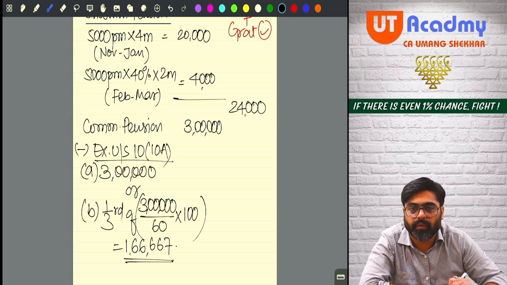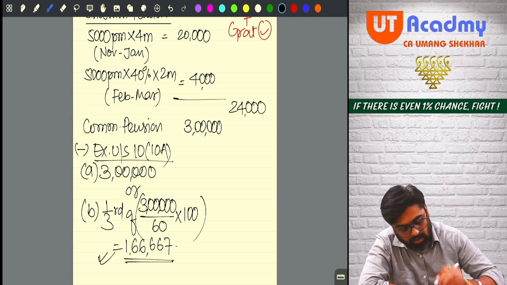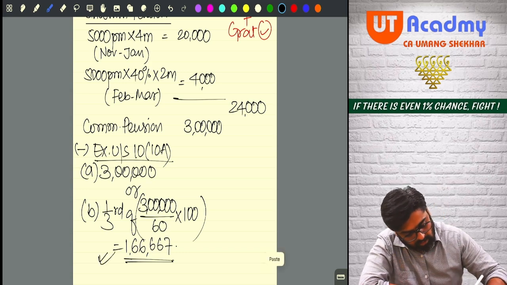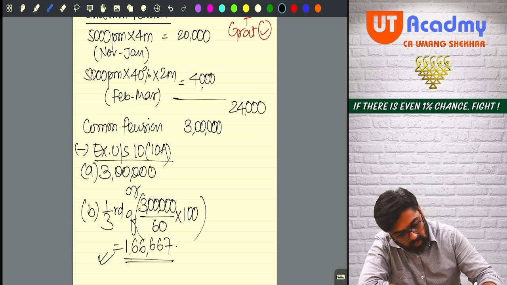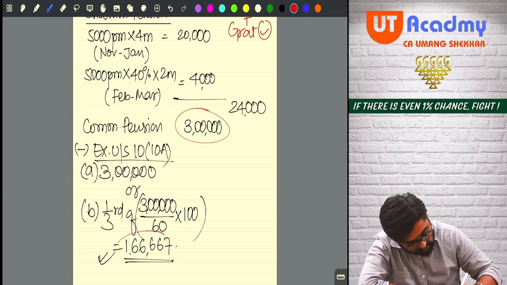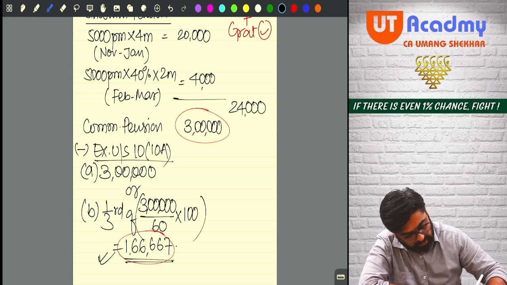Done? So either this amount or 3 lakh, whichever is lower, he is going to get the exemption of 1,66,667. So out of 3 lakhs, if this amount is exempt, how much is taxable, friends? 1,33,333.